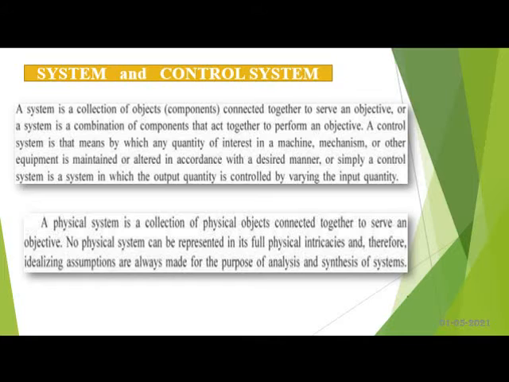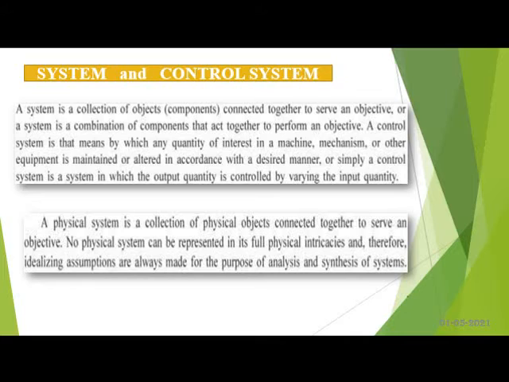After the system and control system definitions, next we come to the physical system. A physical system is a collection of physical objects connected together to serve an objective.